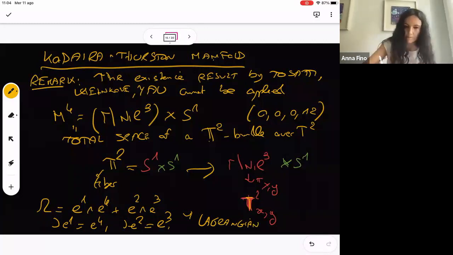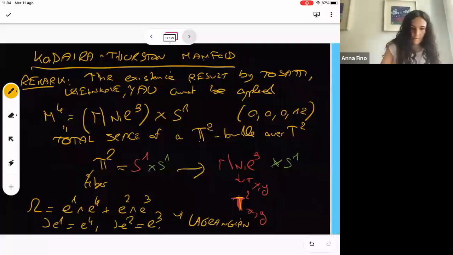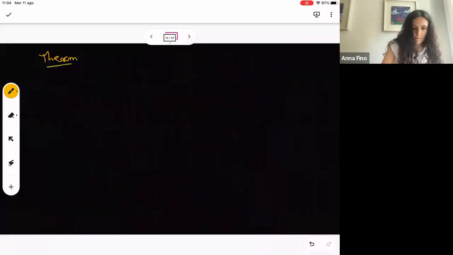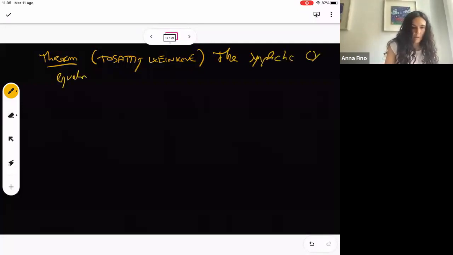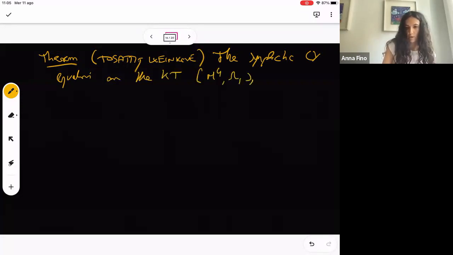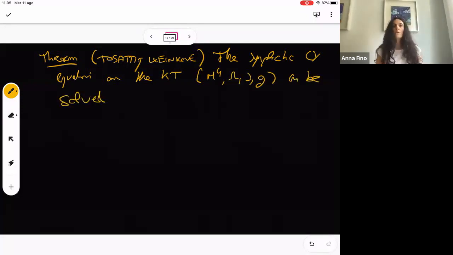And what Tosatti and Weinkove show is that the symplectic Calabi-Yau equation on our Kodaira-Thurston manifold M4 with the previous choice of omega and J can be solved with an assumption on the volume form.